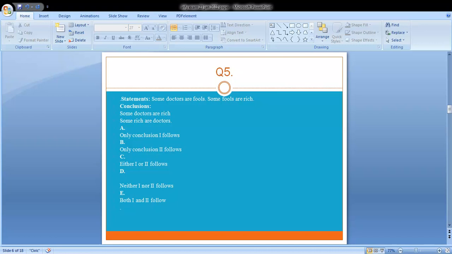You can say this. Okay. Now, some doctors are fools, some fools are rich. So one diagram can be written in two ways.